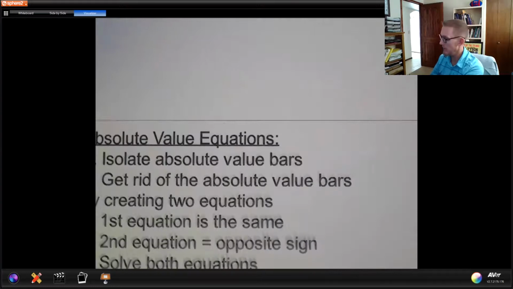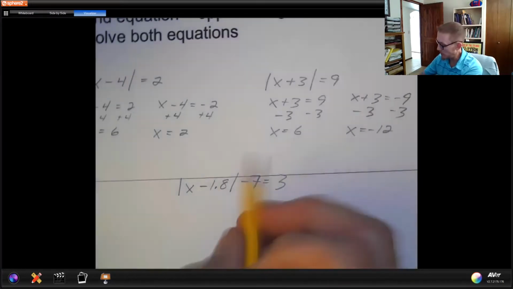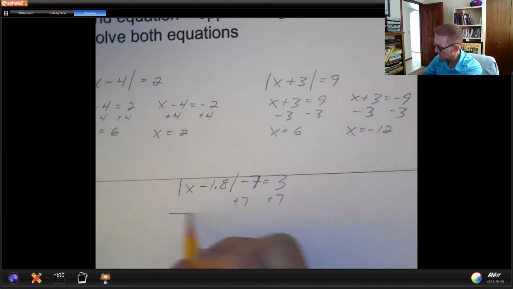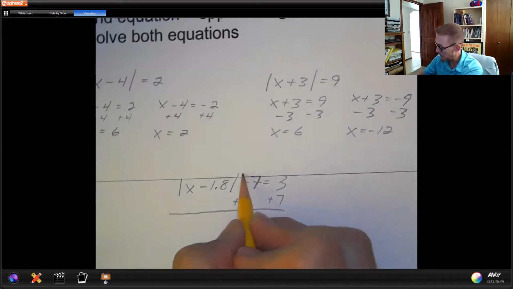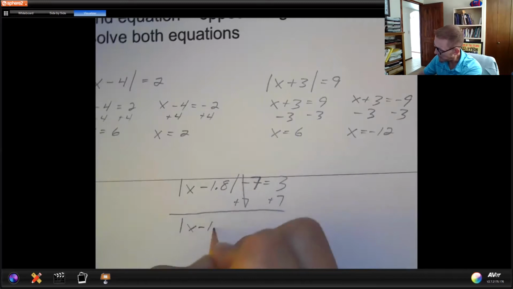Remember, your first step is isolate the absolute value bars. So I need to get the absolute value bars alone. So I'm going to do that by adding 7 to both sides. The minus 7 and the plus 7 will cancel out. X minus 1.8 in absolute value bars equals 10.